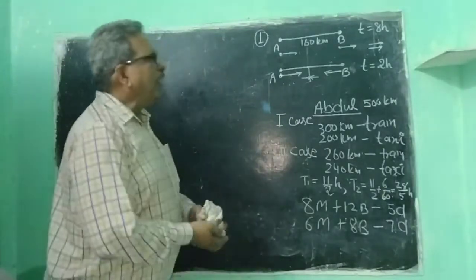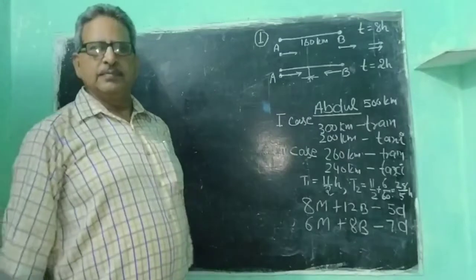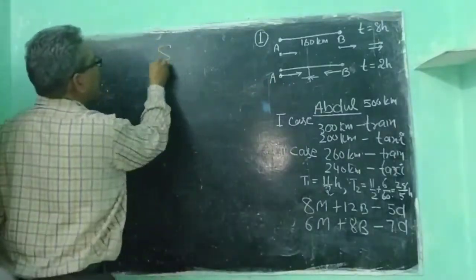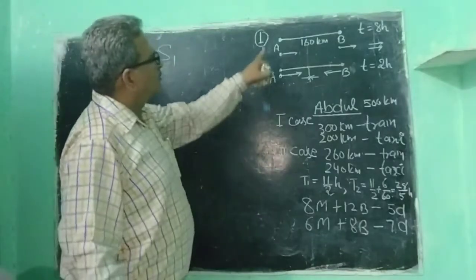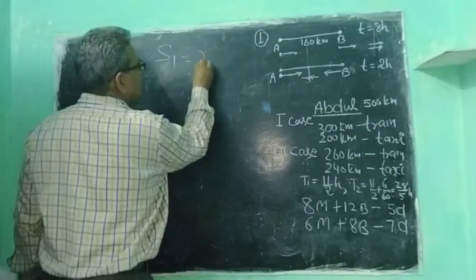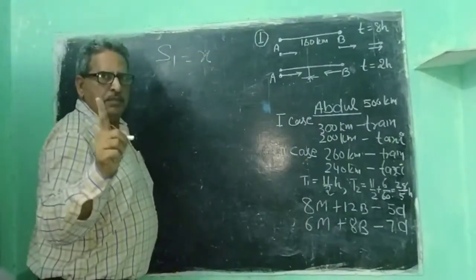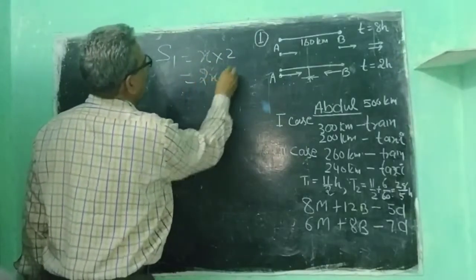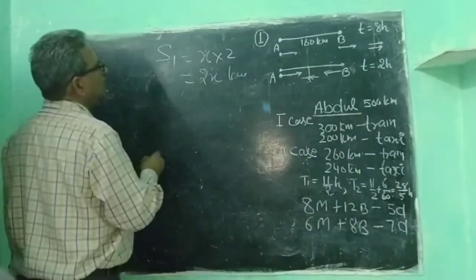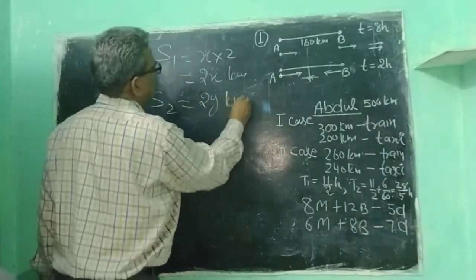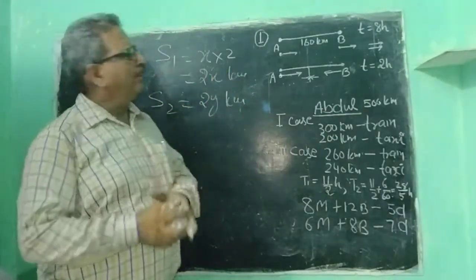Okay. What happens in the second case? S1, the distance covered by the car started from A, is speed into time, 2x kilometer, and S2 is equal to 2y kilometer. Now let us see.